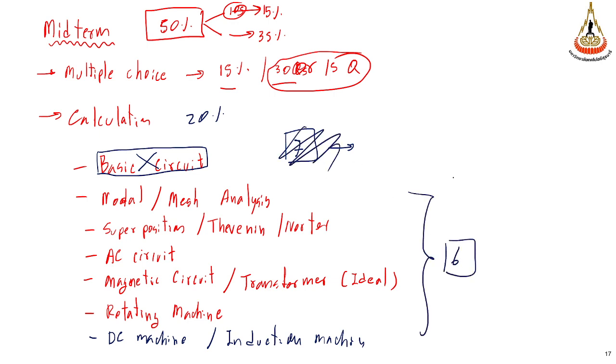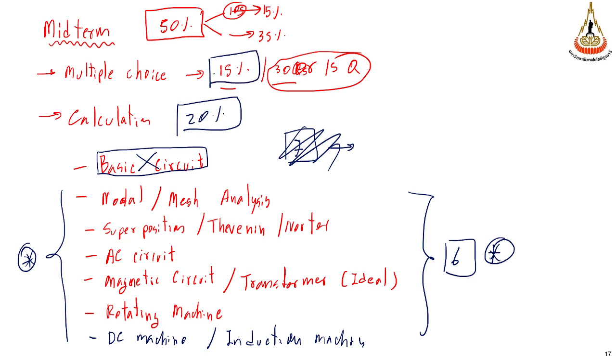Anyway, within these 6 topics, for 20%, and I will make multiple choice for you, 15%, like that. It should be very clear.